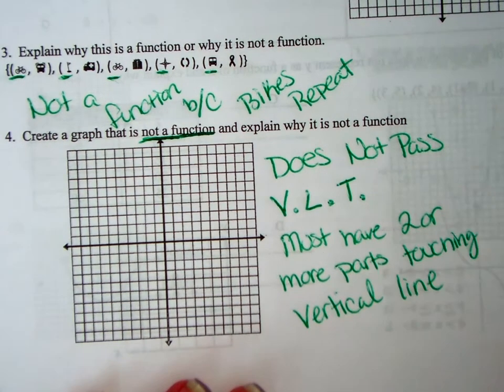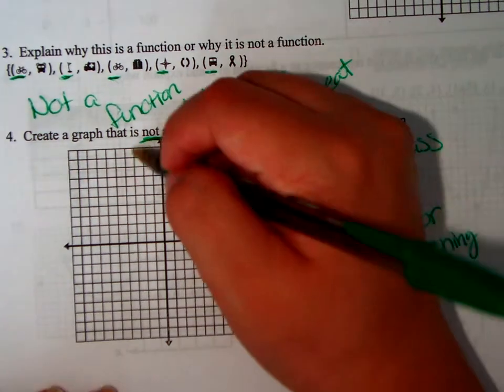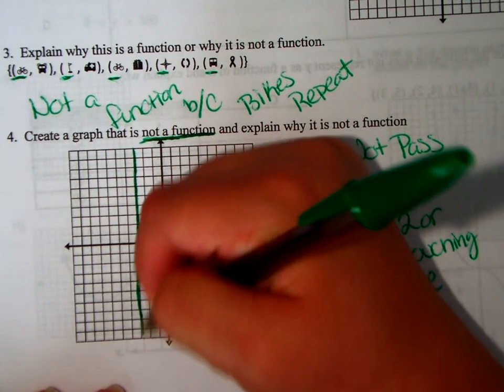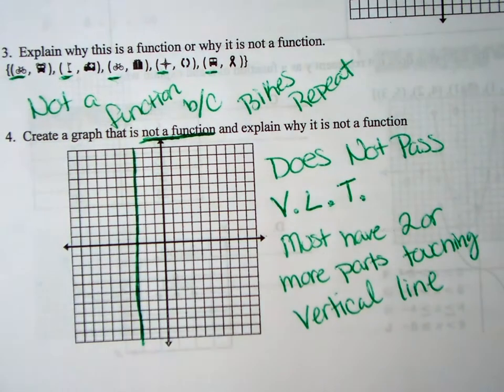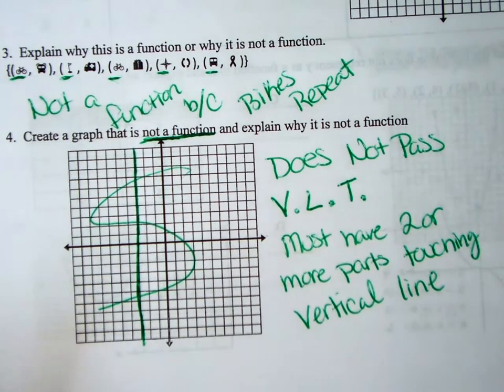So anywhere on your graph you can make it continuous or you can make it a discrete graph. Just make sure if you were to draw a vertical line, it touches it at least 2 times. So you can make it squiggly, you can make it dots, however you want to do this. When you're done, go ahead and flip your page.